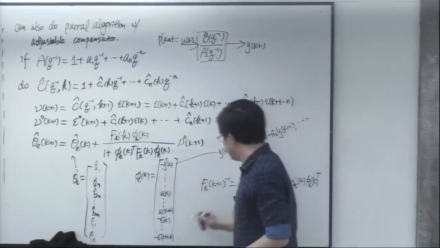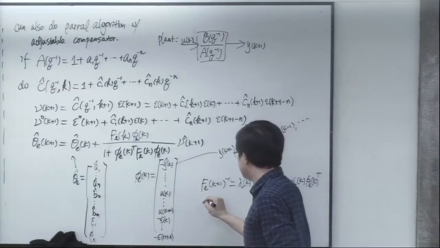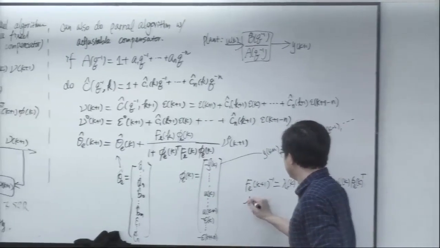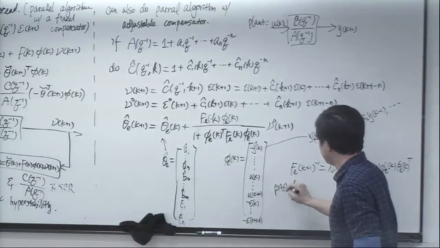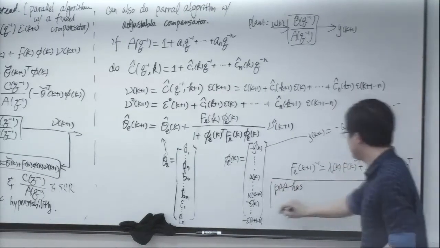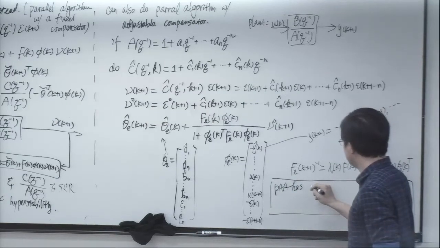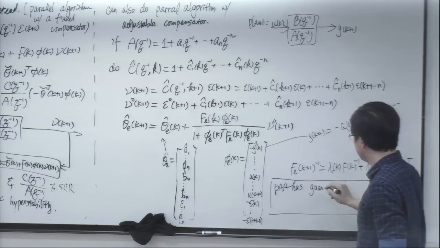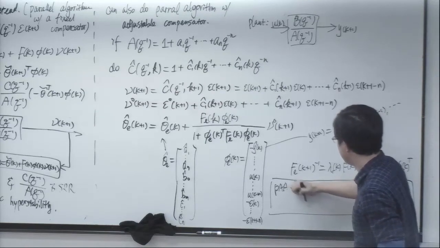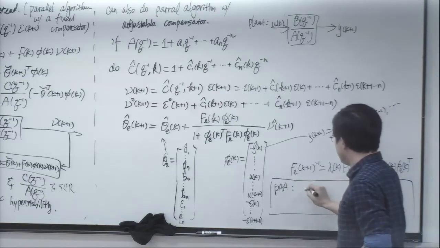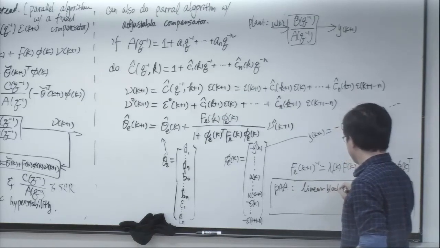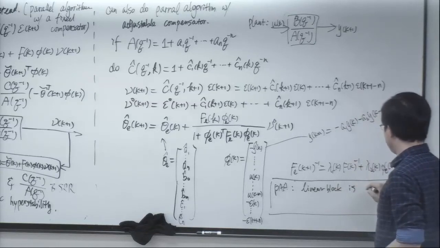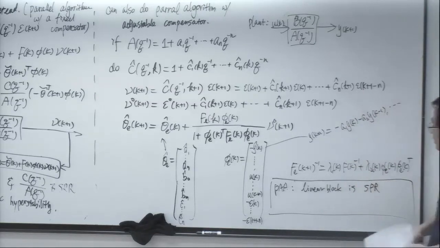And as it turns out, the important thing is, if you do it this way, PAA has the linear block going to be SPR guaranteed.